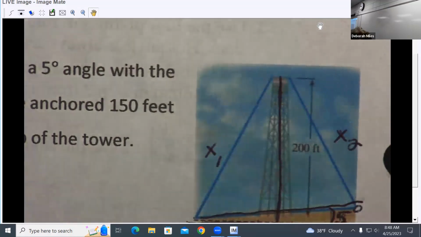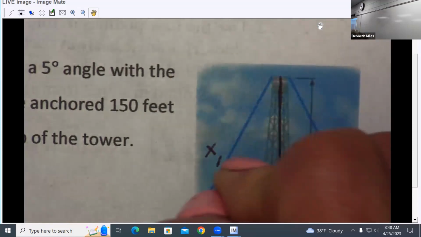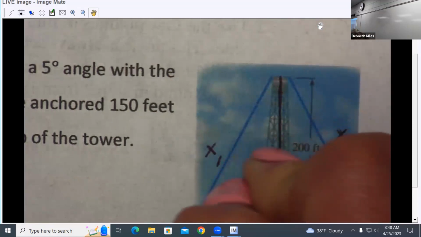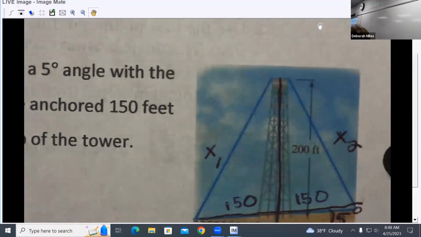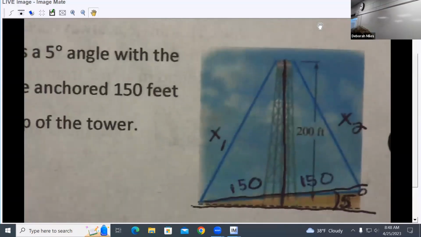Find the length of the two guy wires that are each 150 feet from the tower's base. I'm going to label each 150. I don't know yet if I'll need the 150 or the 300, but if I need the 300, I can get it easily: 150 plus 150. Round to the nearest tenth of a foot.